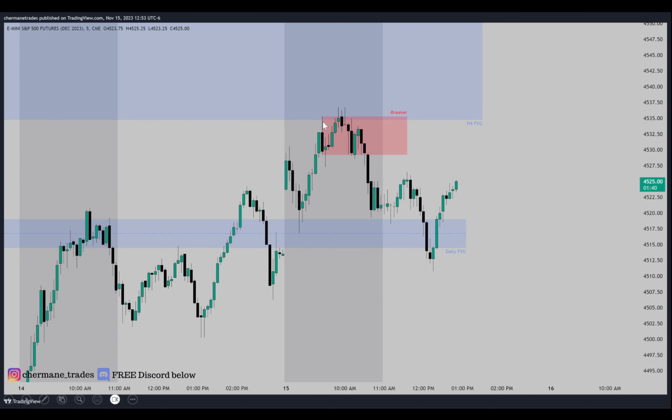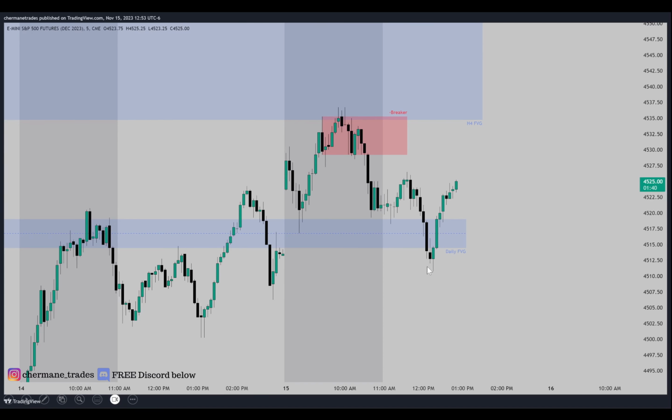This is a breaker, so this high, low, higher high, and we break down. This entire down close candle here is your breaker, and we'll see this on the lower time frame on the 1-minute chart. We break down, trade back into that daily fair value gap. It's used as support, rally up, 5-minute fair value gap, break down once more.